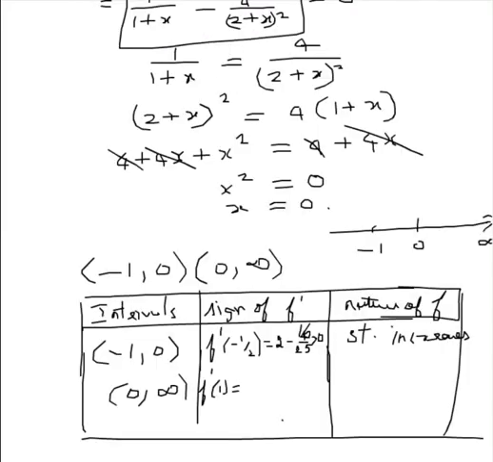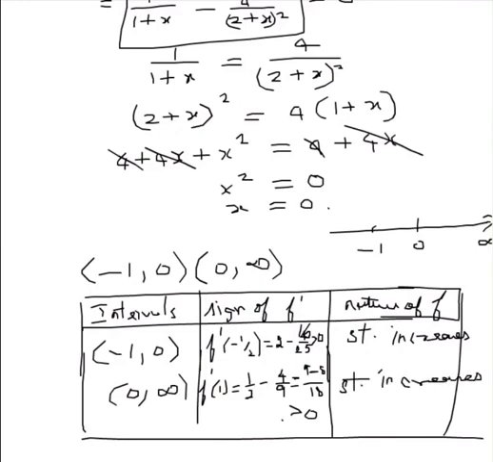I am substituting it here. 1 by 1 plus 1 is half, minus 4 by 3 square is 9. So if I take LCM, it becomes 9, 18 is the LCM, 9 minus 8, so positive, greater than 0, so strictly increases.